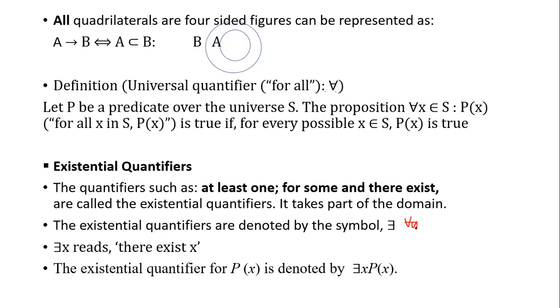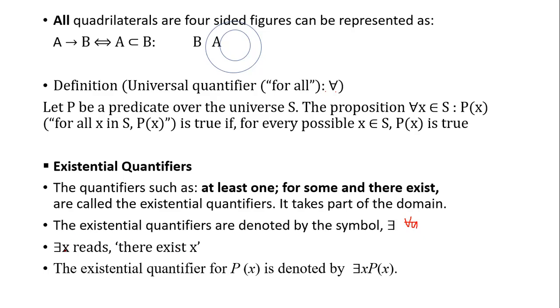There exists. If you have the symbol here with x, it's read as there exists x. It means at least one of the values of the universal set should satisfy the argument or the proposition to make it valid.